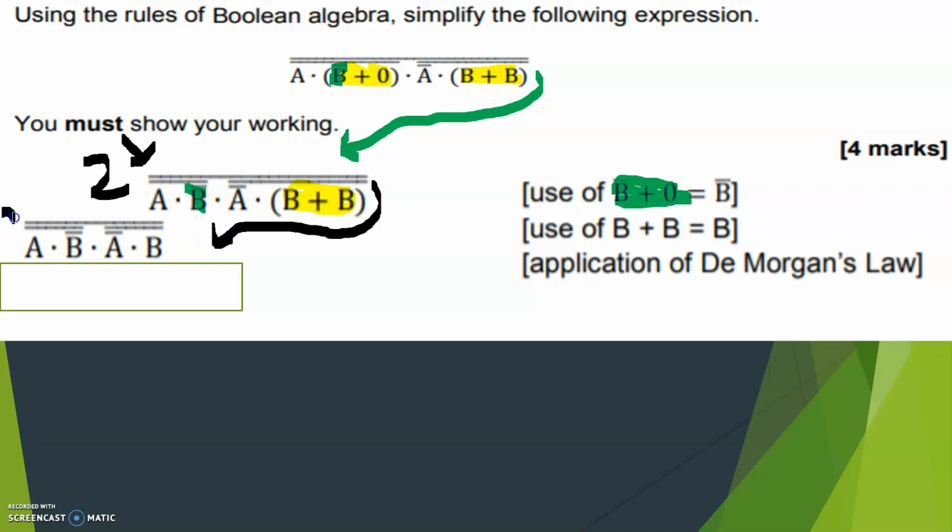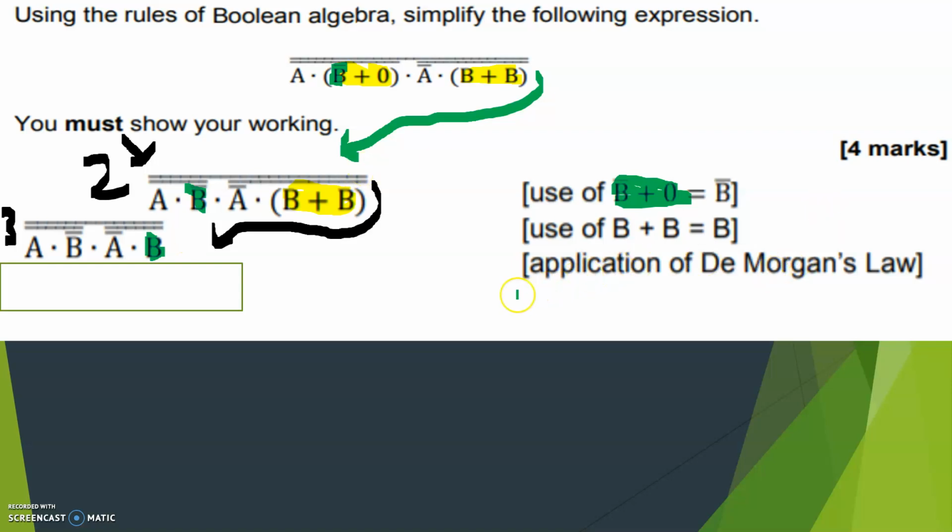So in number 3 over here, we've just got the B now on this side of the expression. Okay, so all good so far.